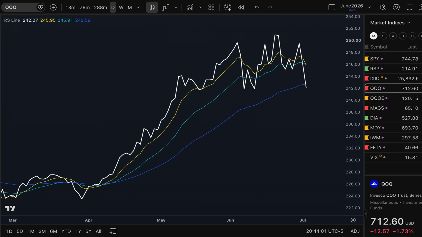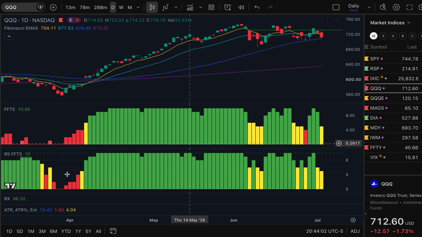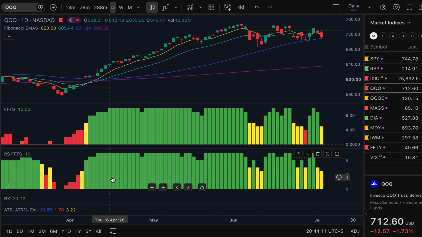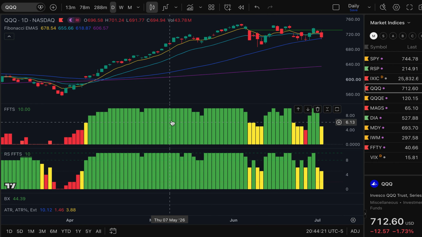And that's what I've done with this indicator, again using the same 1, 3, 8, 21, and 55. But now it's the moving average of the RS line. Most of the time, you're going to see agreement between the Fast Fib Trend Stack and the RS Fast Fib Trend Stack.